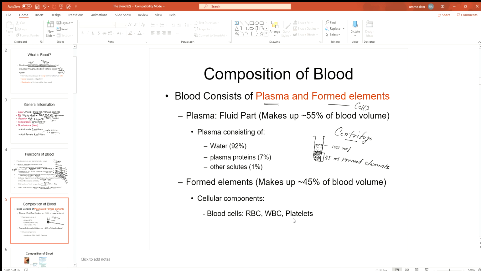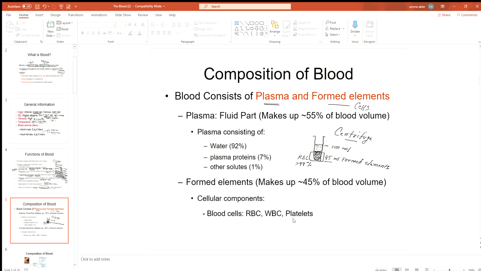Okay, you have red blood cells in most part of it, because the number of red blood cells is much higher. More than 99% volume of the formed elements is given by the red blood cells. So red blood cells give more than 99% volume of this 45 milliliter.